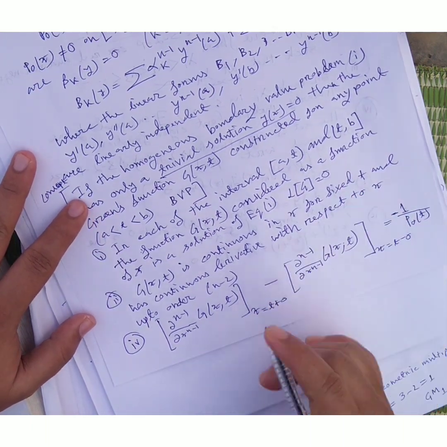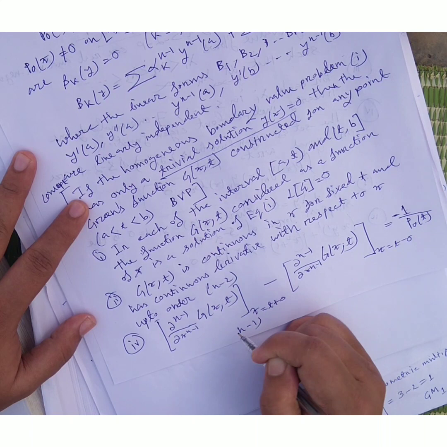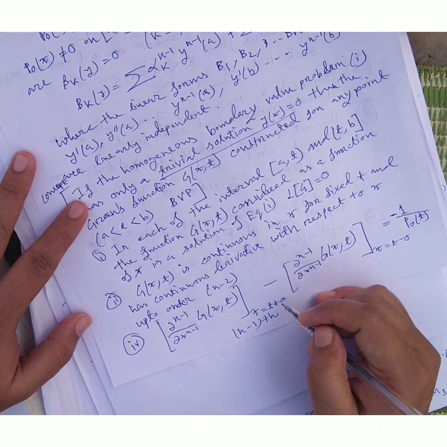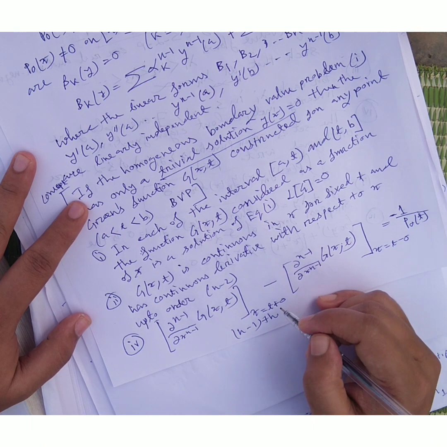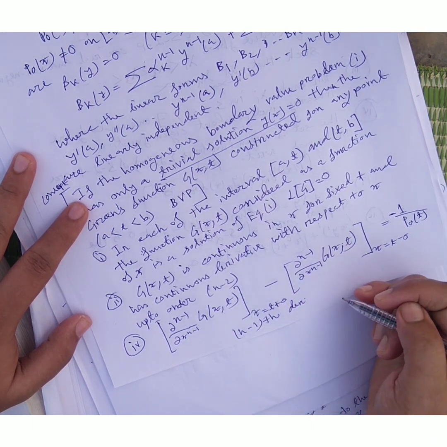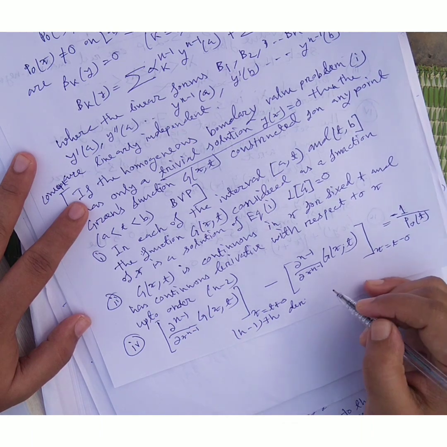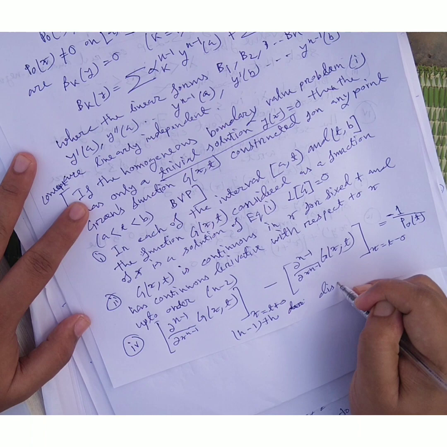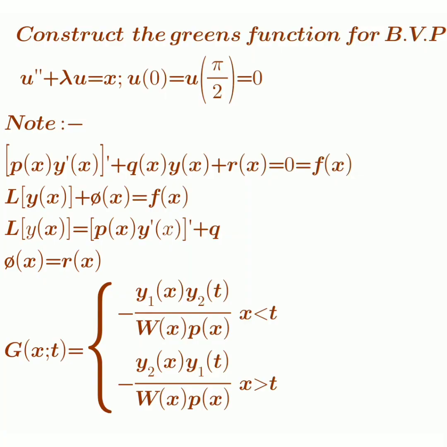And must remember the (n-1)th derivative of G(x, t) with respect to x has a discontinuity of the first kind at x equal to t.